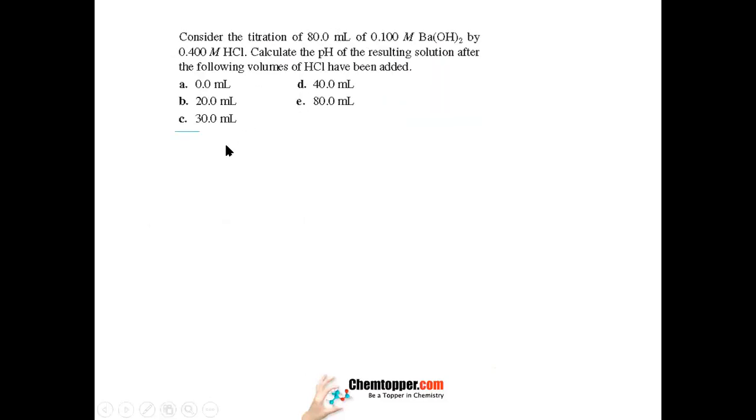So this is the graph which we did, and we made the graph. I'm making the titration curve here. Here is the pH. Here is the volume. Read the question carefully: what are you adding?